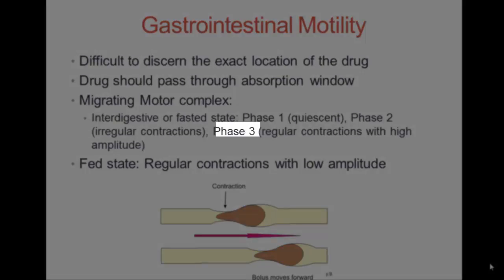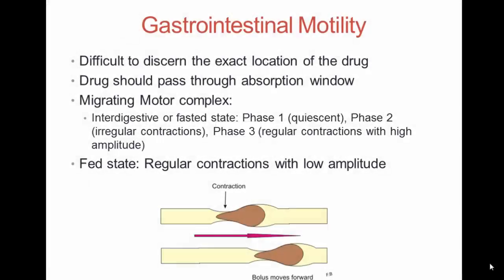Phase 3 occurs for around 10 to 15 minutes, and then it goes to phase 4, with irregular contractions, and then comes back to the quiescent stage. This is the condition we see in the interdigestive or fasted state.